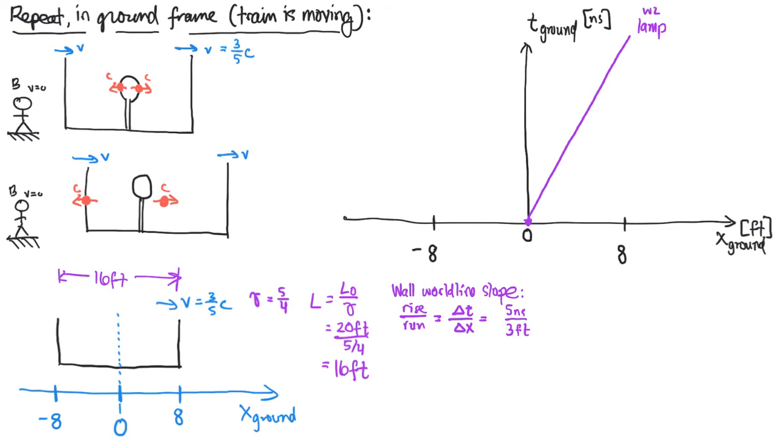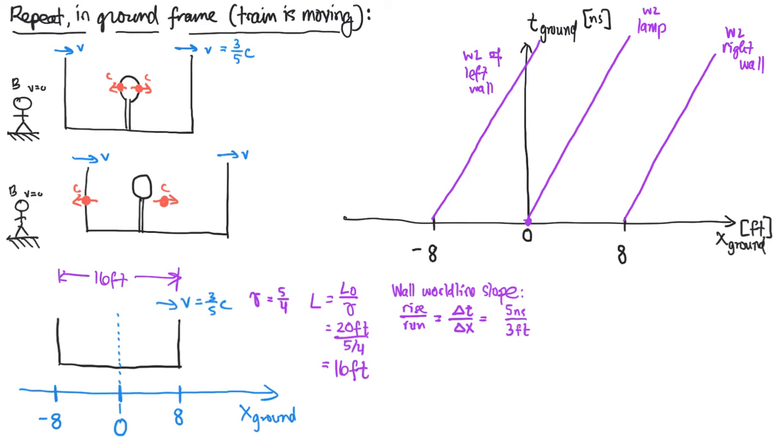And the world line of the right wall will be parallel to that. World line of right wall. And the world line of the left wall will be parallel as well, because it has the same speed. So we can label that world line of left wall.